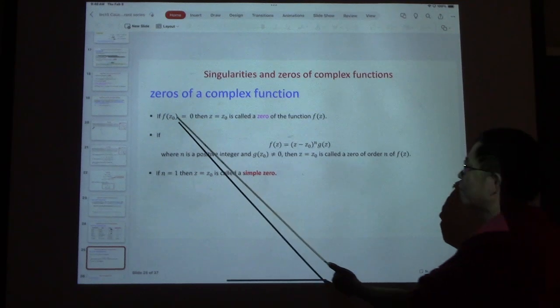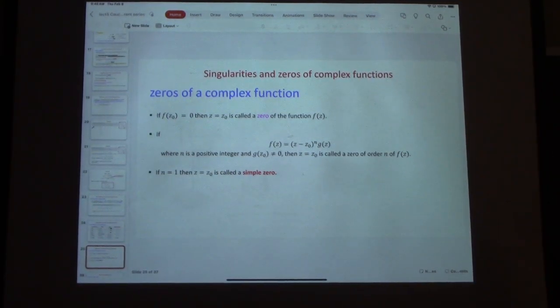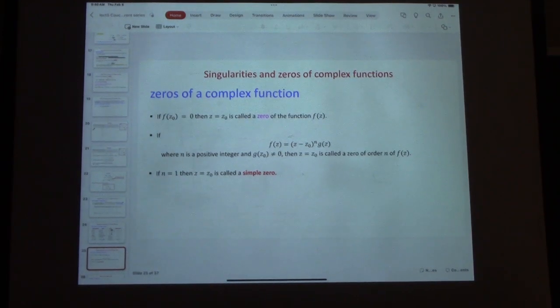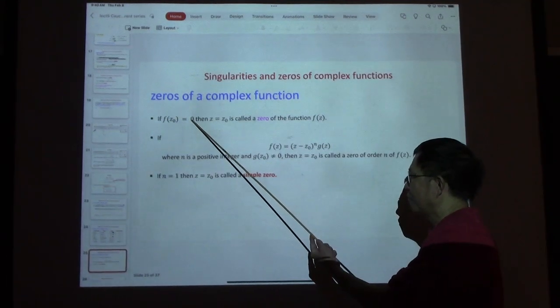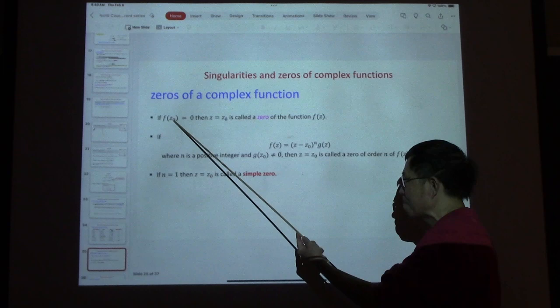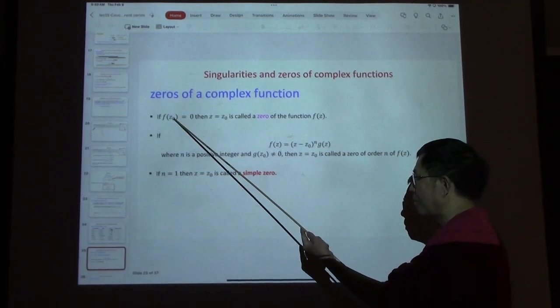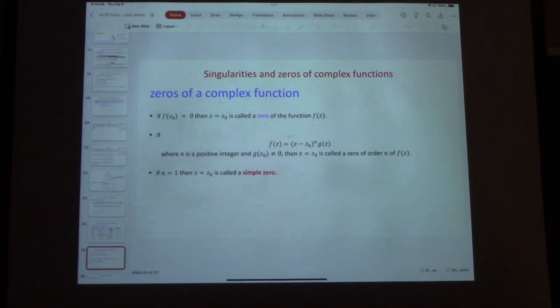If f of z is a complex function of z, when that function takes on the value 0 at that particular point, z0, then we call that point a zero of the function, or a root of the function.